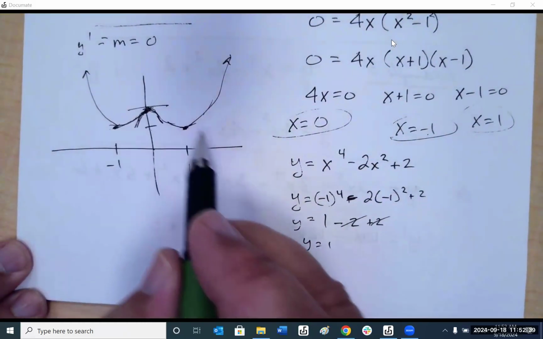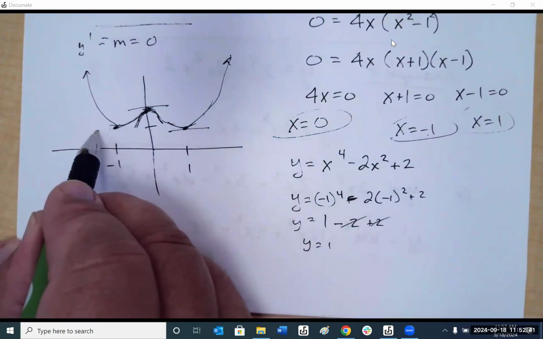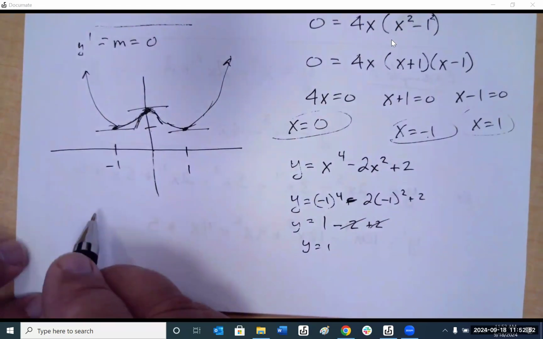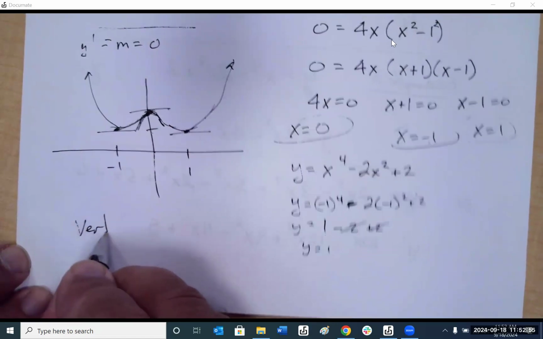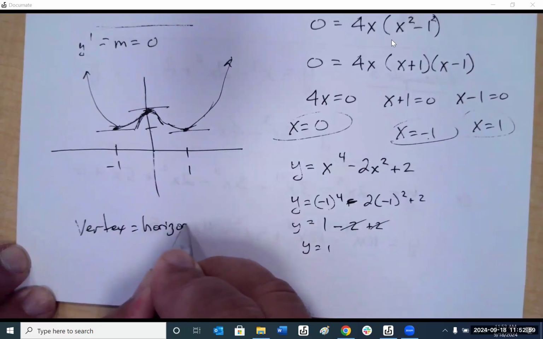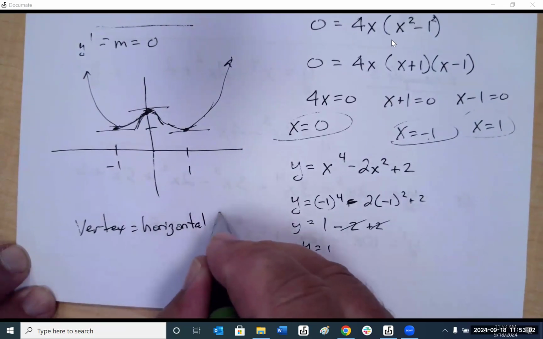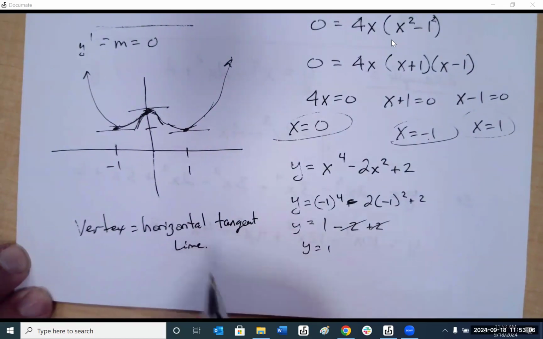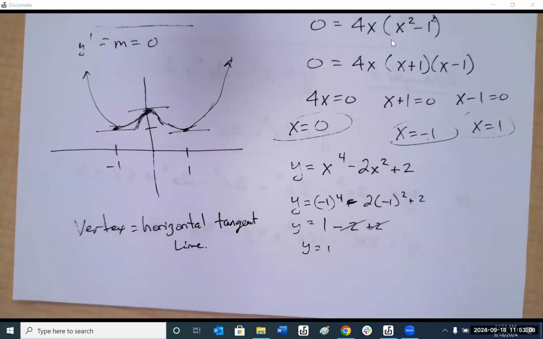We have a vertex there, a vertex there, and a vertex there. A vertex is where the graph has a horizontal tangent line.